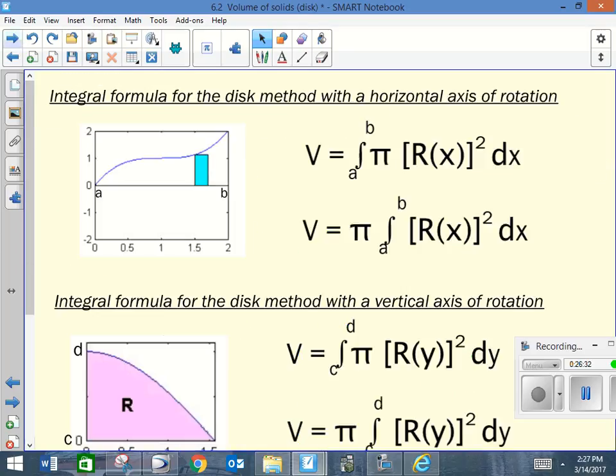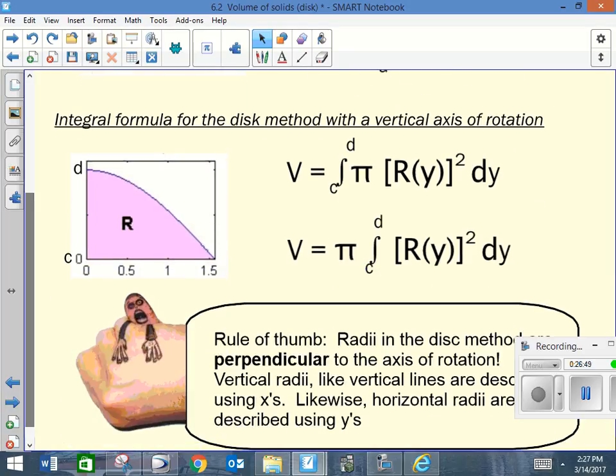All right. Okay, so this is the general rules here. If we're going from A to B, R of X is your radius. And then we have, in terms of Y, your C to D, only because C is over here, A and B was usually here.